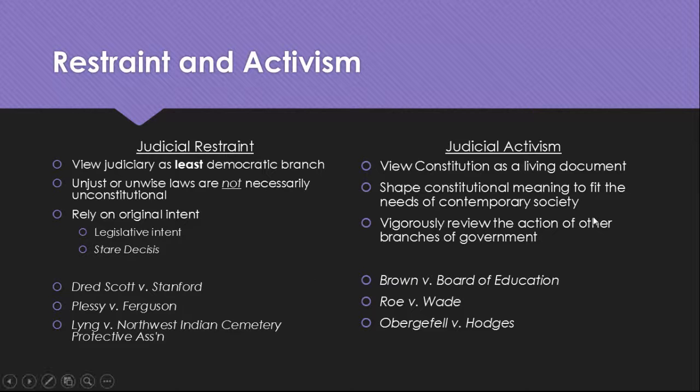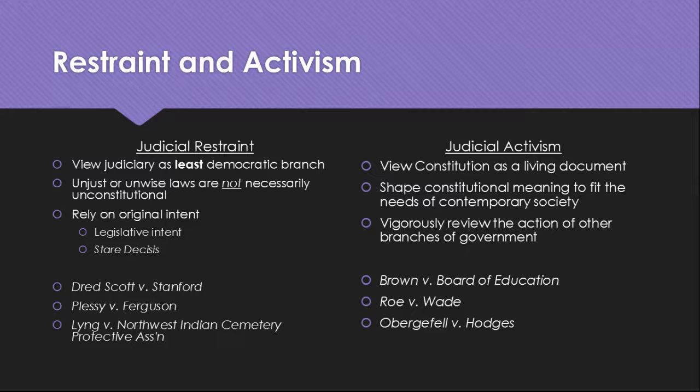On the other hand, several people believe in judicial activism, and they believe that the Constitution was malleable and was intended to be a living document that should be adjusted, not necessarily changed, but reinterpreted through changes in society.